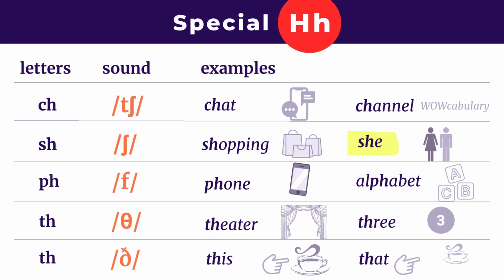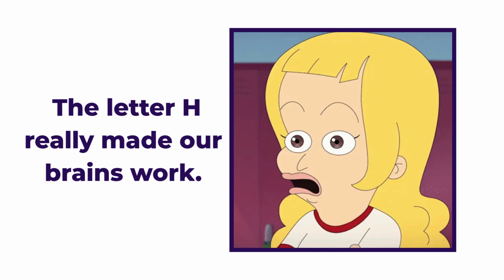Shopping, she. Read PH as f. Phone, alphabet. TH can be th. Theater, 3. Or it can be v. This, that.